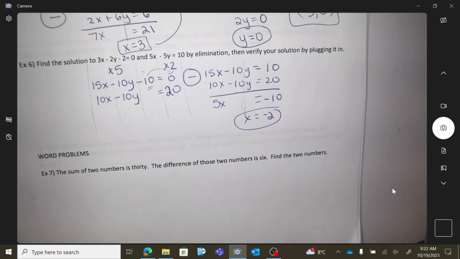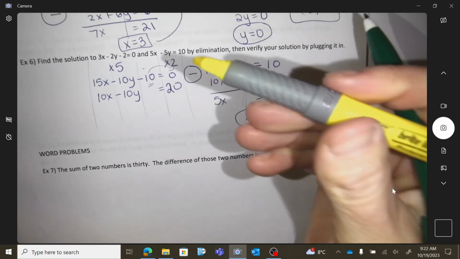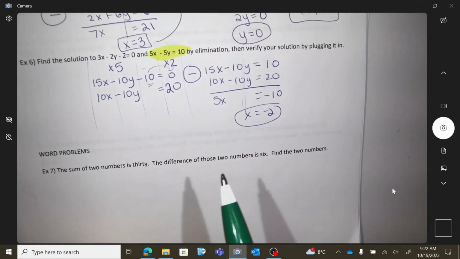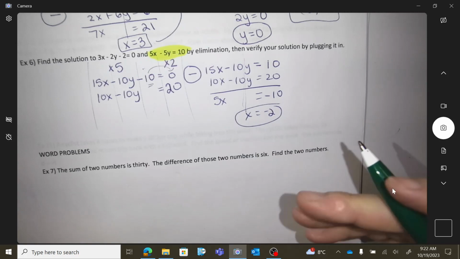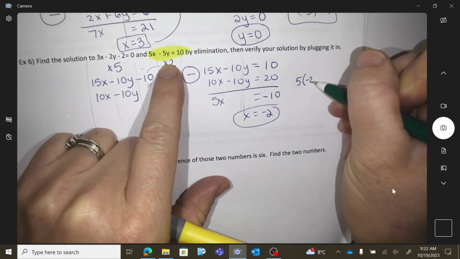So there's one, and then you go back and plug it in. I'm going to pick this spot to plug it into. So 5 times replace x.